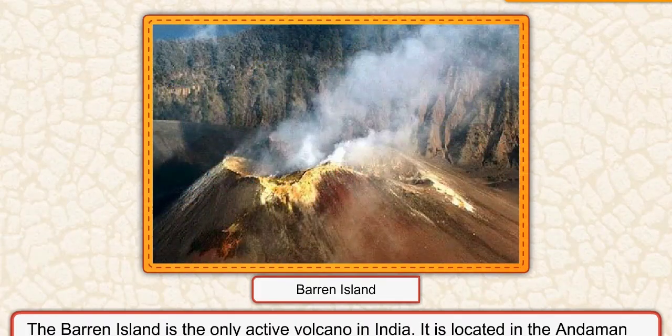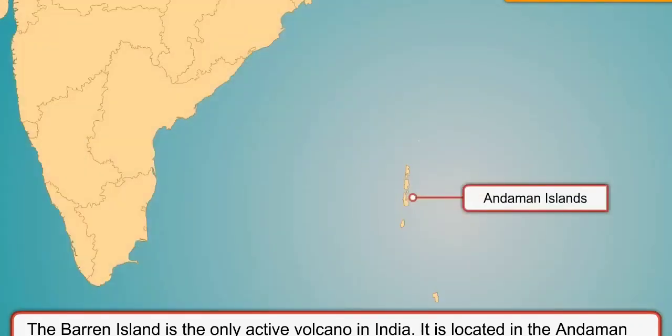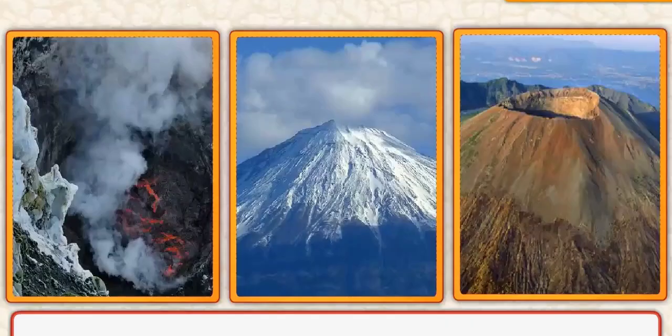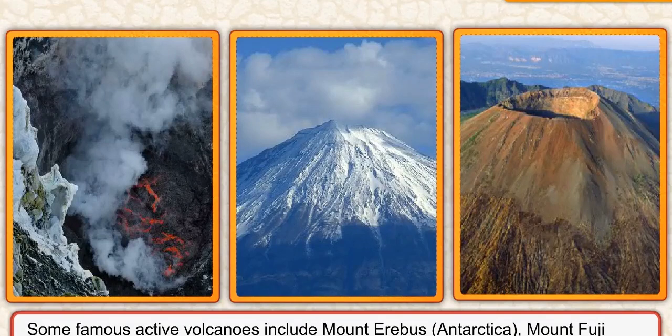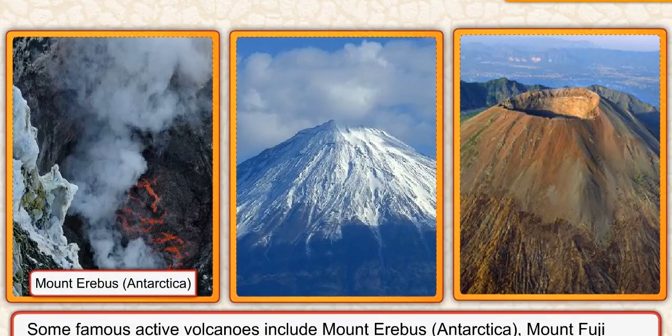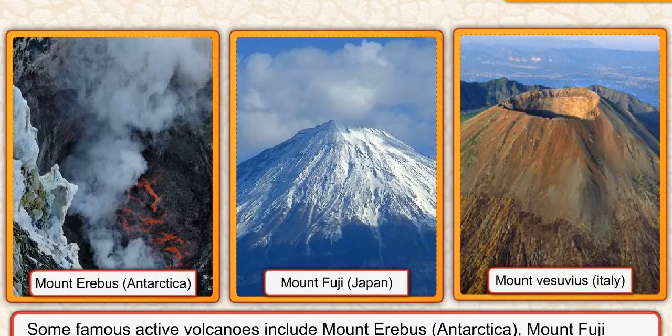The Barren Island is the only active volcano in India. It is located in the Andaman Islands. Some famous active volcanoes include Mount Erebus in Antarctica, Mount Fuji in Japan, and Mount Vesuvius in Italy.